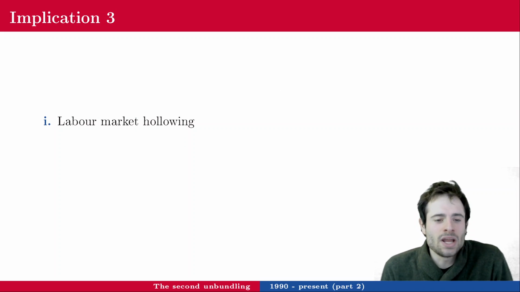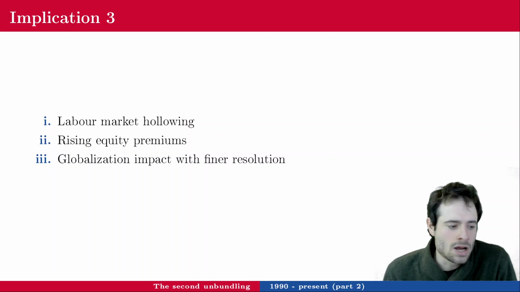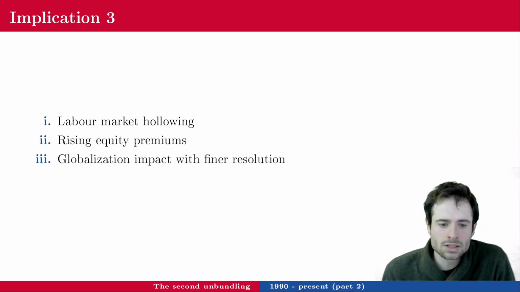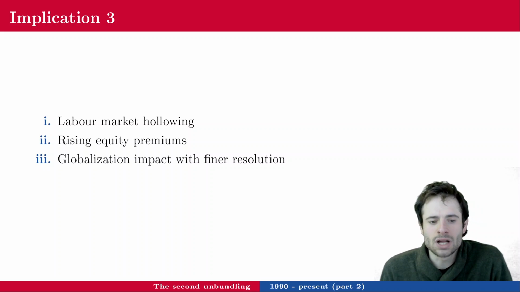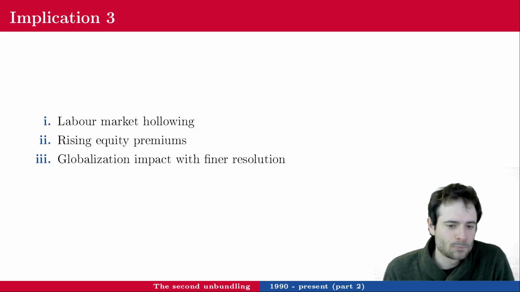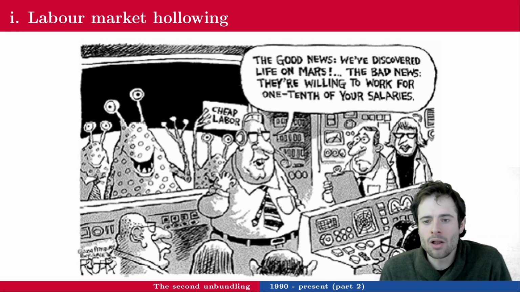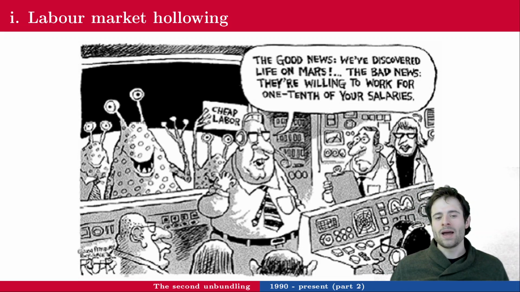The third implication is composed of three changes. First of all, labor market hollowing, rising equity premiums, and a final resolution of the globalization impact. So the first one, the labor market hollowing, can be summarized by this picture.